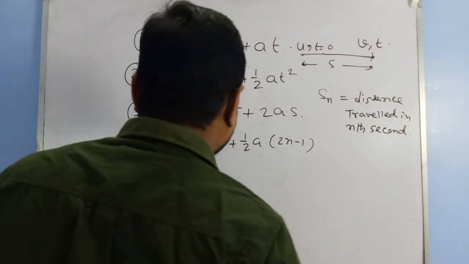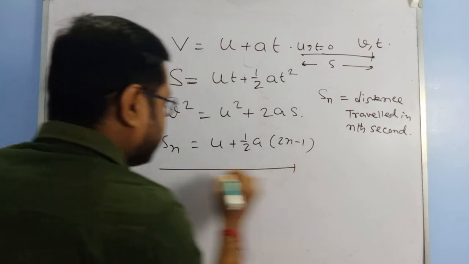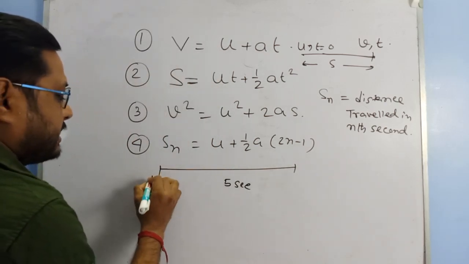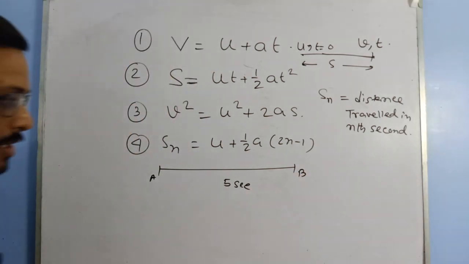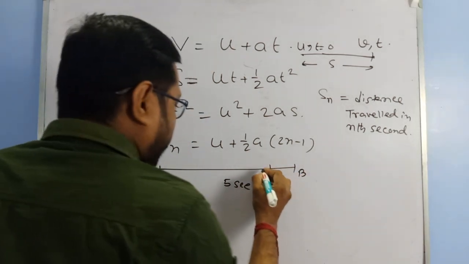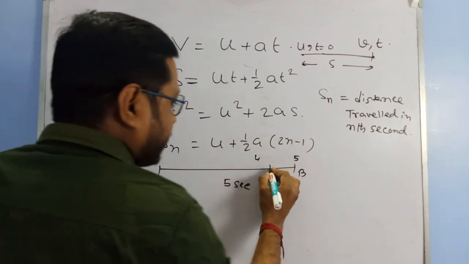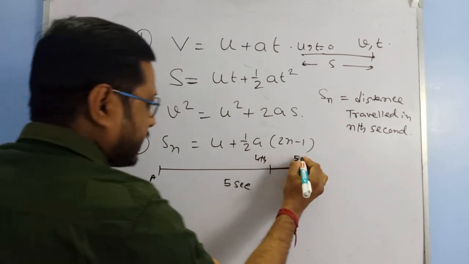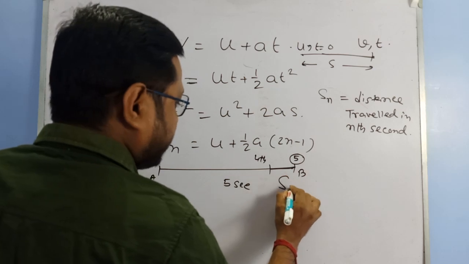What is the difference between s and Sn? Now, if you go a distance in 5 seconds, s is the total distance covered in 5 seconds. But Sn is the distance covered between 4 and 5 seconds, that is the distance covered in the 5th second, written as S5.